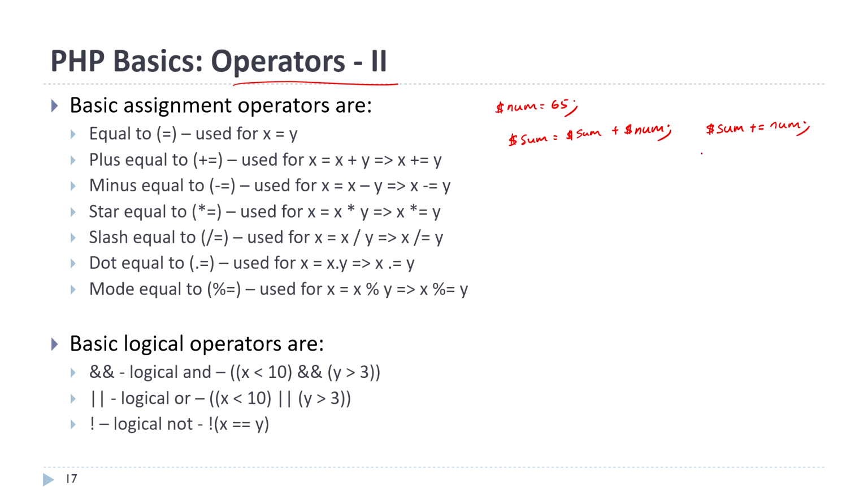I can write this, which is exactly the same, and it will give you the same result. That is plus equal to: sum is the variable, and you add some value to the same variable. Minus equal to is exactly the same, but instead of addition it will be subtraction. Star equal to is the product, slash equal to is the division, and dot equal to is x equal to x dot y, the concatenation, that is also doable.